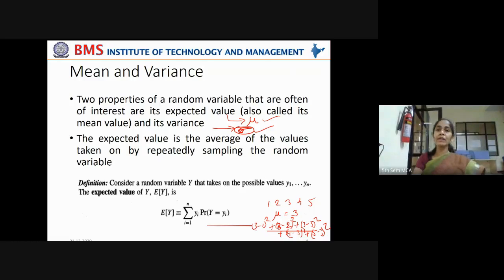What are we doing here? We are calculating each data point's deviation from the average, squaring that difference, adding them up, and dividing by the number of data points. Here the number of data points is 5. That will give you the variance.